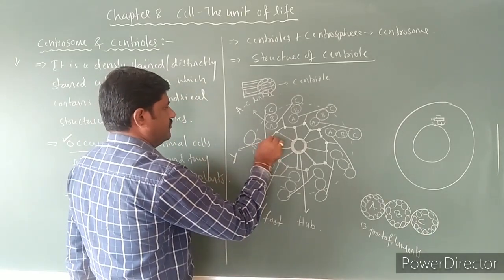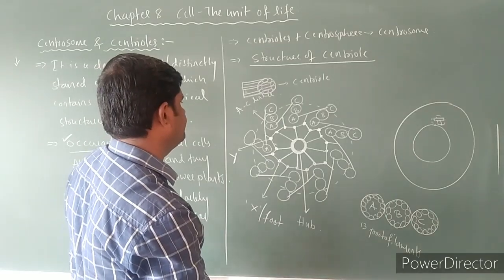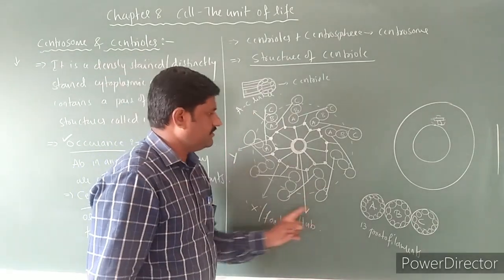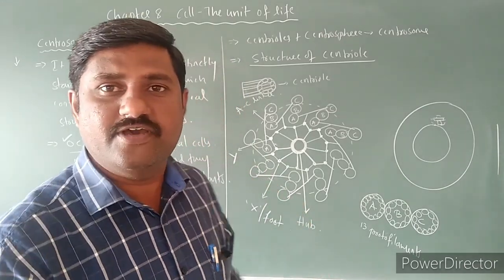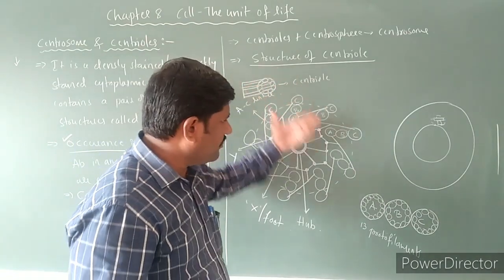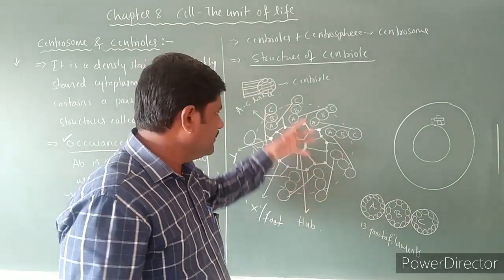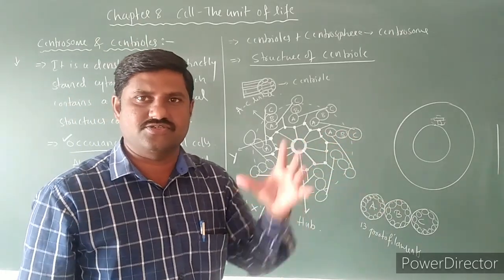See here, Y is connected with the AC linker. Okay, so this is how the structure of each centriole is. Imagine this is the cross section we will have to imagine. The same structure forms the cylindrical structure.